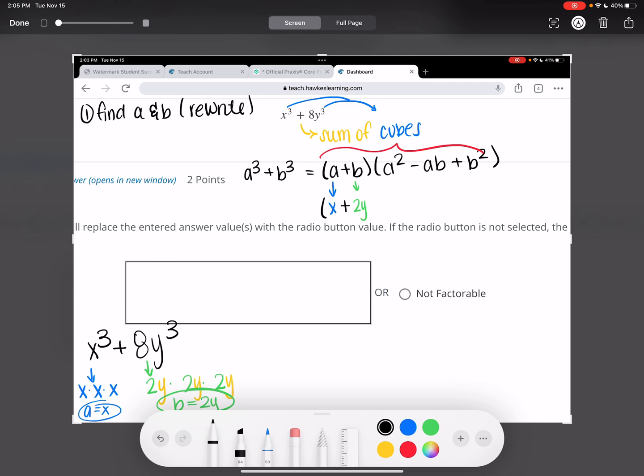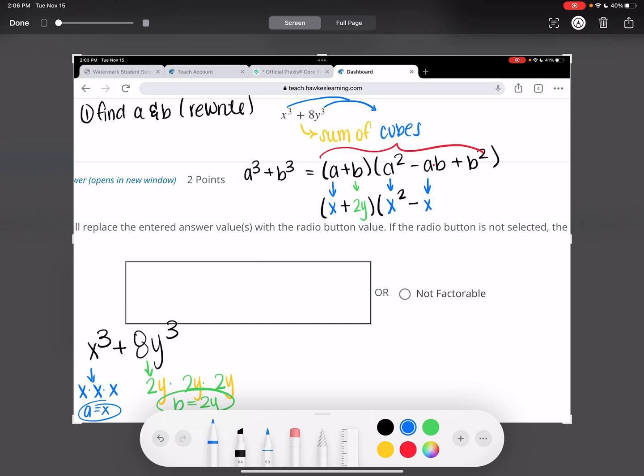I'm going through and filling in everywhere I see an A, I'm replacing it with an x, and then the formula says square it, minus AB, which means A times B. We just don't write the times symbol.